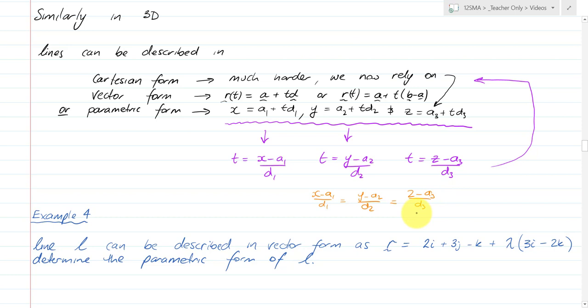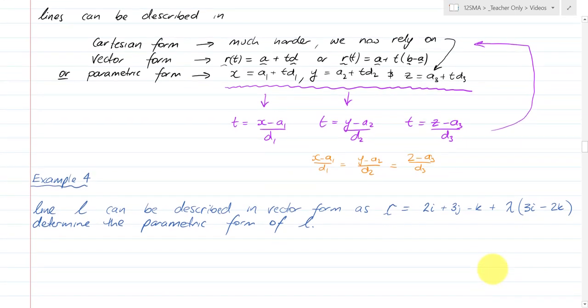And because it's 3 dimensions, we could now cut one of those equations and look at how x varies in terms of y or y varies in terms of x, but then we wouldn't be considering the 3rd dimension. So it does get a lot harder to visualize that Cartesian form. We tend to stick with the vector or parametric form here, probably the vector form.